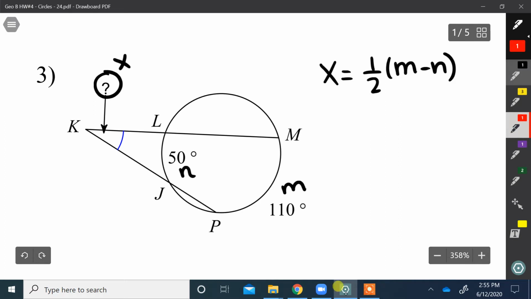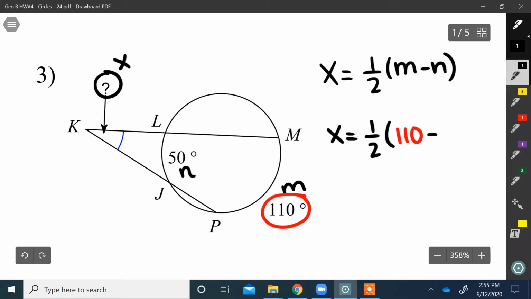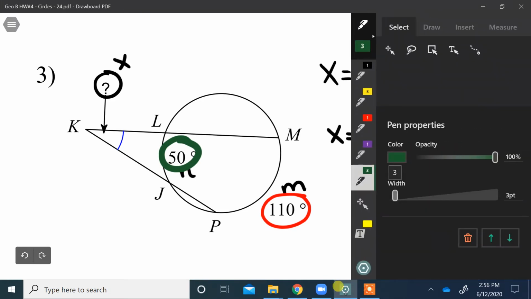So the x again is a question mark. That's what we're looking for. The m in this case is 110, and then the n is 50.